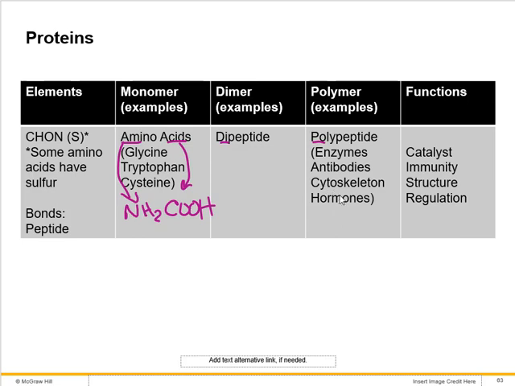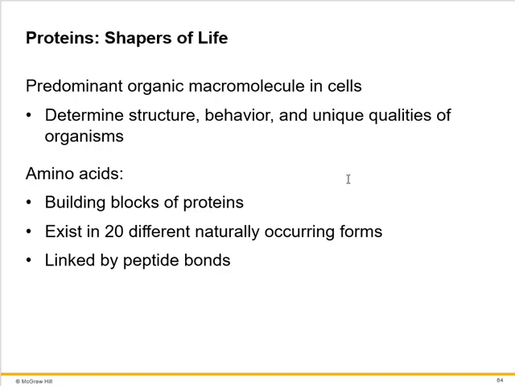Those are all cytoskeletal structures, and they're made of protein. And most hormones are made of protein. Now, not all of them, but they're there for, again, regulation. There are steroids that are hormones that are lipids, but all the other hormones are generally proteins.